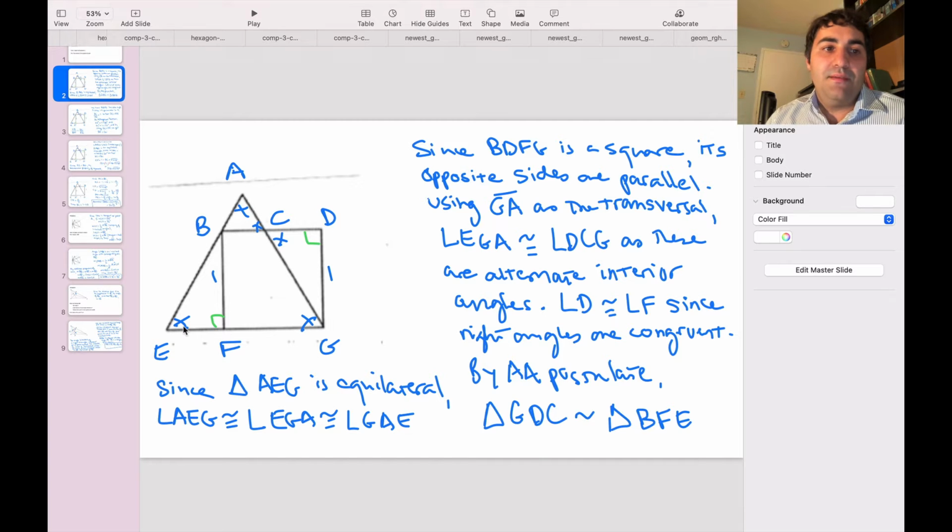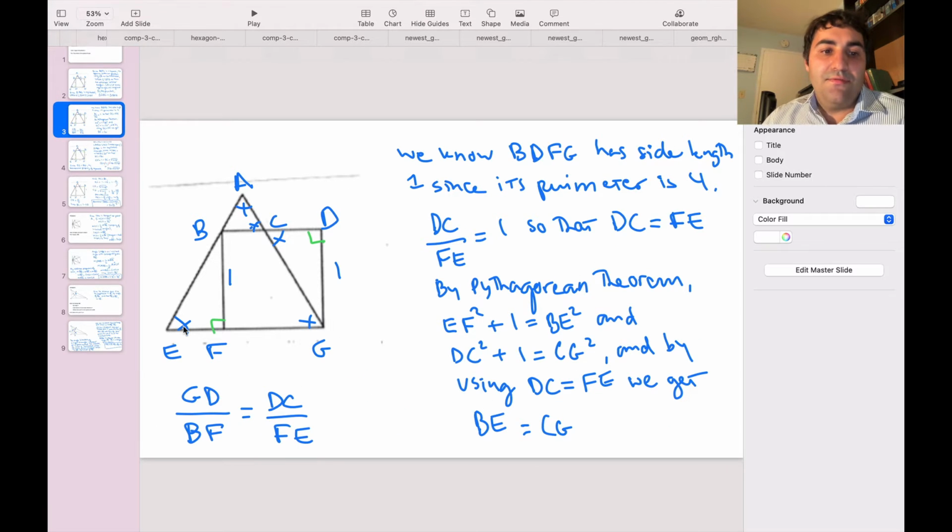triangle BFE. And therefore, using properties of similar triangles, we know that length of GD divided by length of BF equals length of DC divided by length of FE. So we know that length of GD and length of BF are both 1, right?